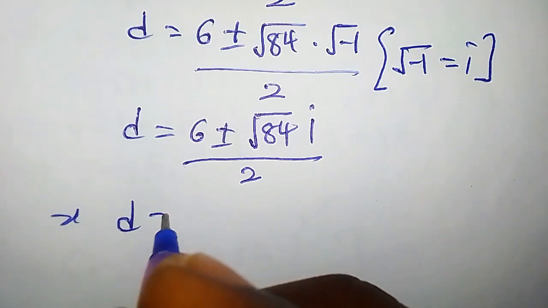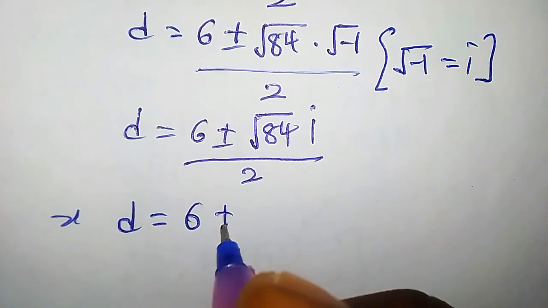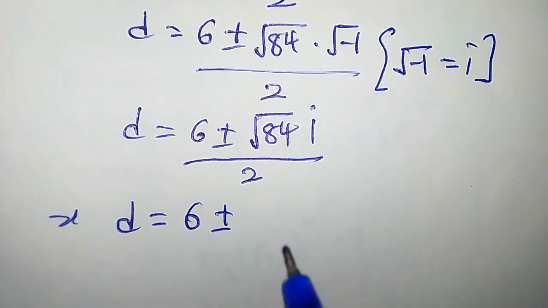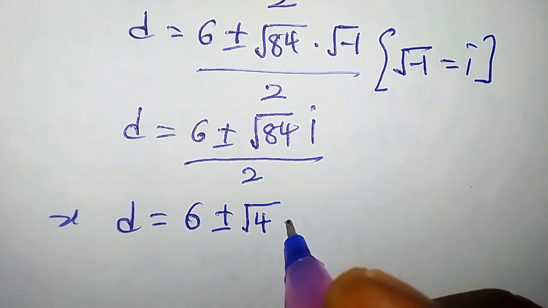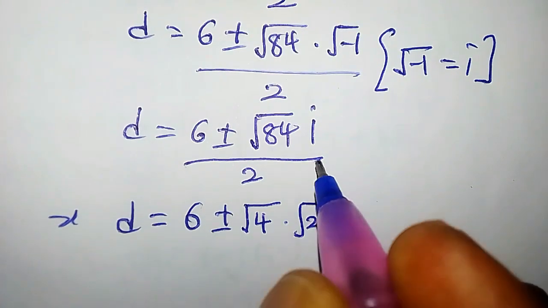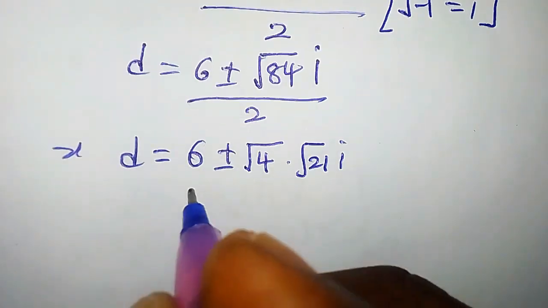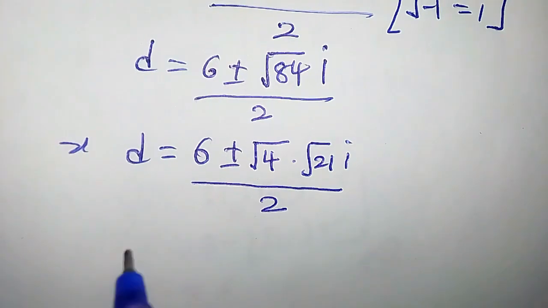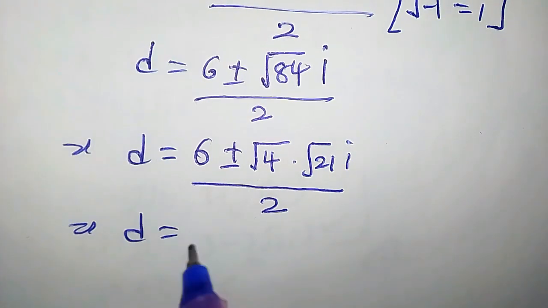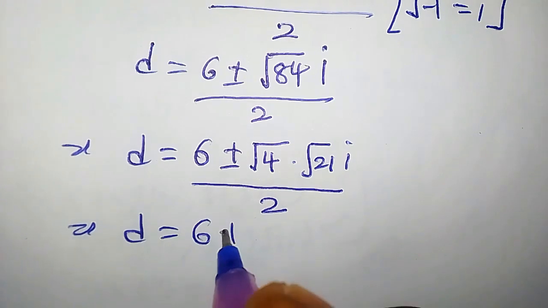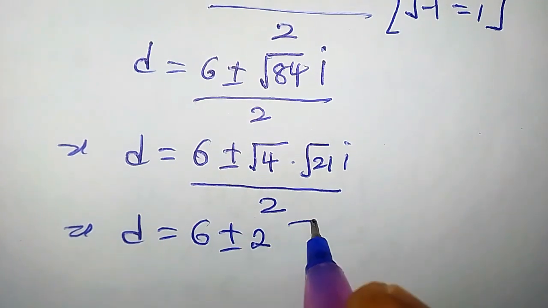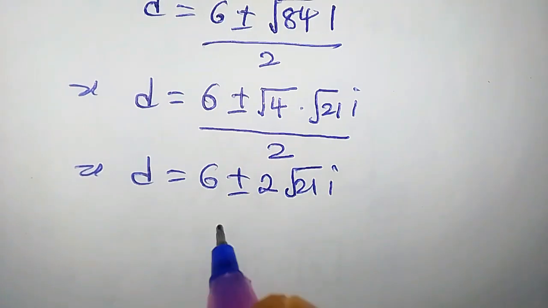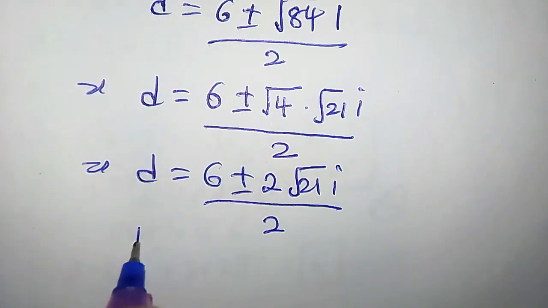This means that d is equal to 6 plus or minus the square root of 84, which could be written as the square root of 4 times the square root of 21 times i, all divided by 2. What is the square root of 4? That is 2 times the square root of 21 i, all divided by 2.